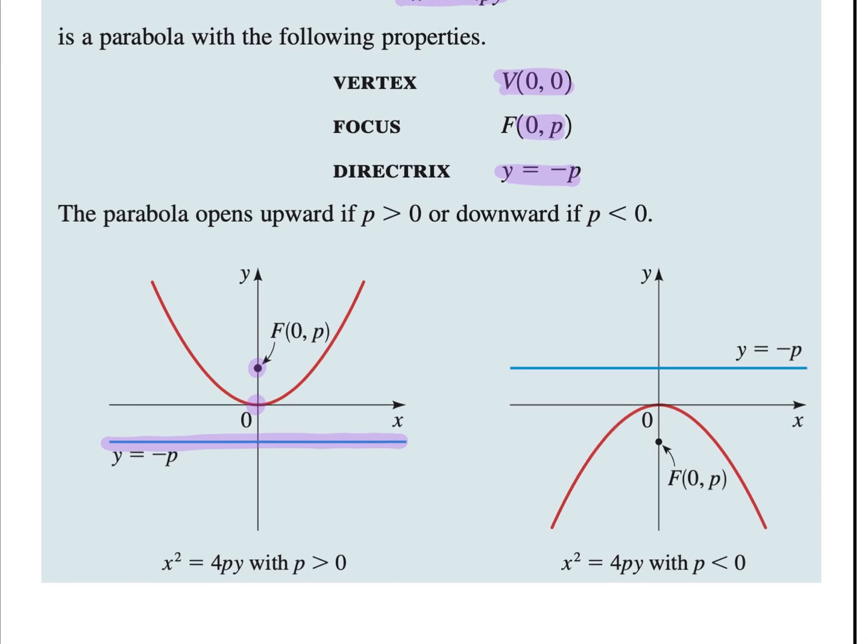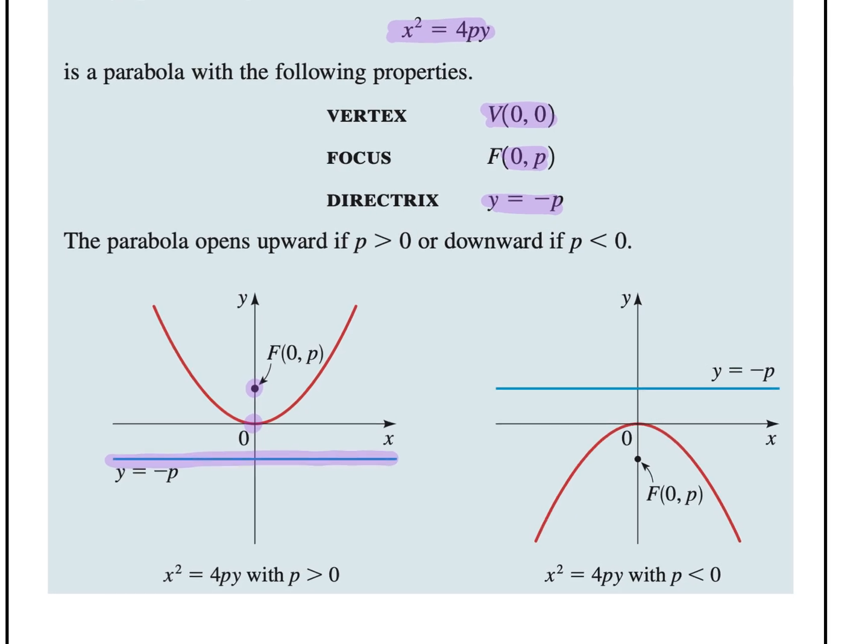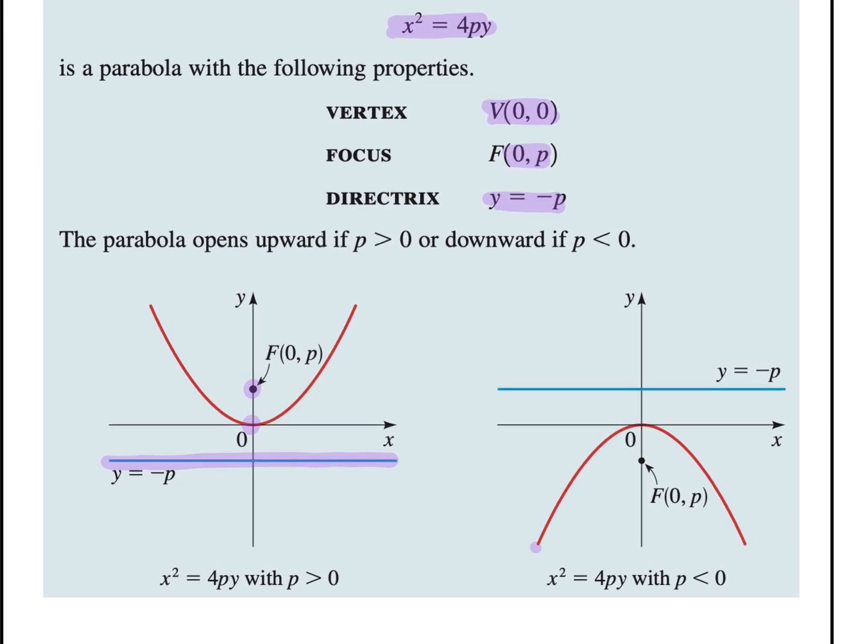Now if you look at the other graph in here, this inverted one, we call it concave down. The parabola is going to open up if the value of p is greater than 0, so it's going to be concave up, or CCU.